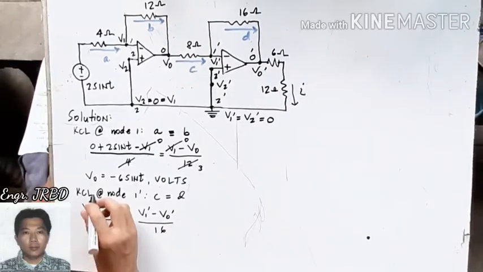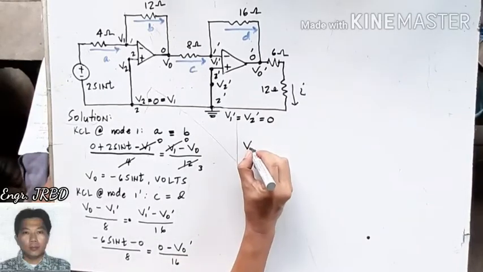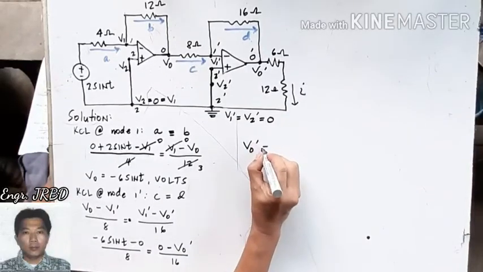We already have V sub O, that is negative 6 sine t. V sub 1 prime is 0, so (0 minus 0) all over 8 is equivalent to (0 minus V sub O prime) all over 16. So we can find the value of V sub O prime.